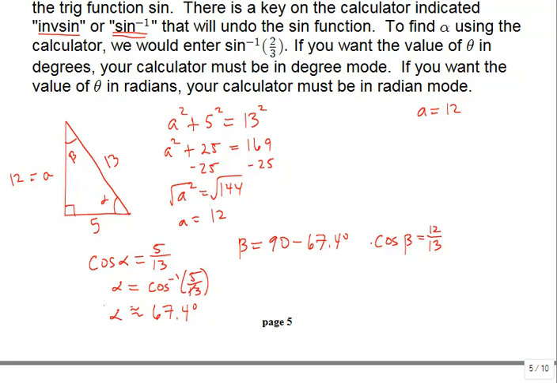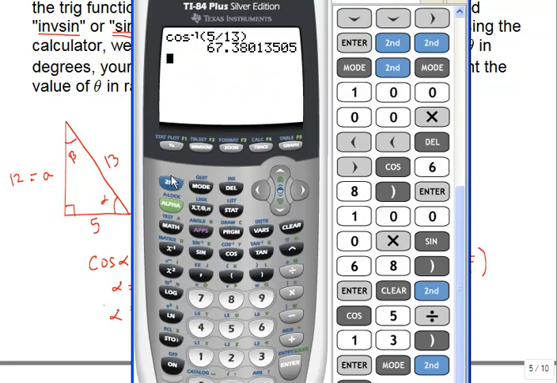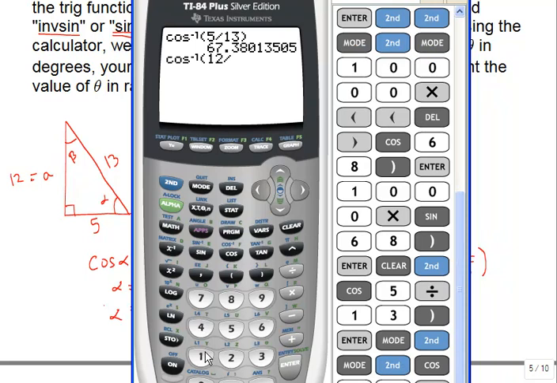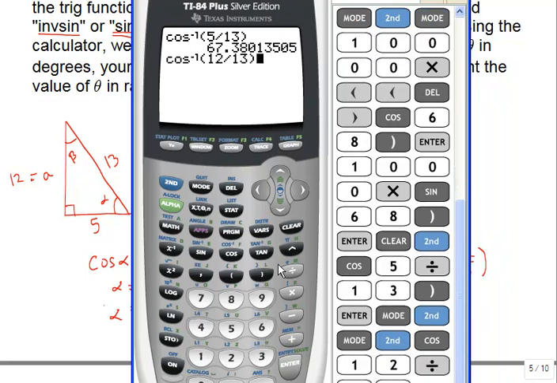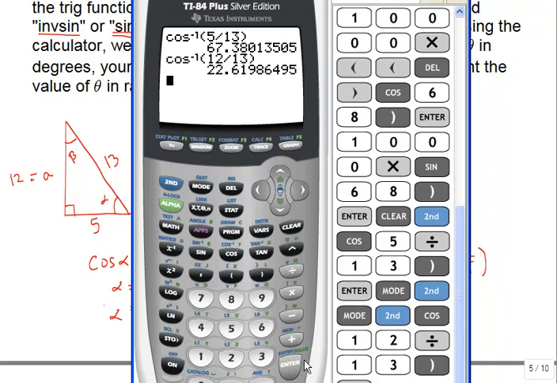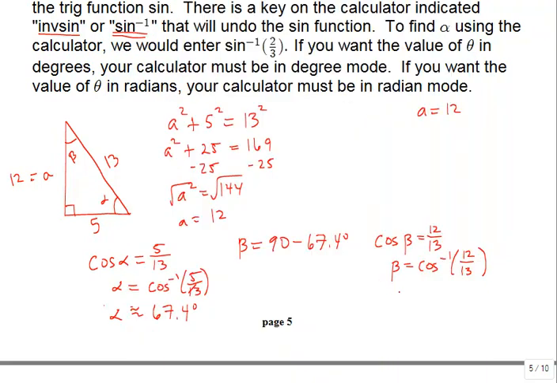So if I finish off this equation that I have written here, then to find beta I have to undo this cosine again. So inverse cosine of 12/13 on my calculator, do second cosine 12 divided by 13. We're still in degree mode, so we get 22.6.